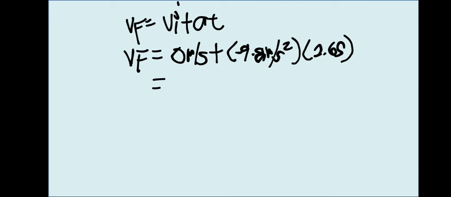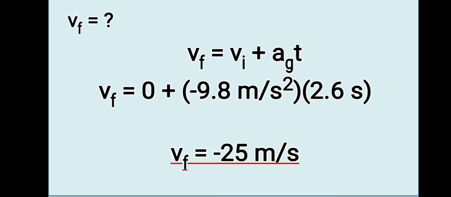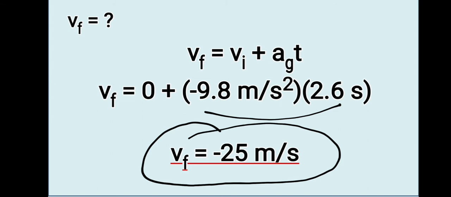So Vf is equal to 0, so cancel. 9.8 times 2.6, how much is the answer? To make the video short, negative 9.8 times 2.6, let's proceed to our encoded solution. Just multiply the two, the answer would be Vf is equal to negative 25 meters per second.